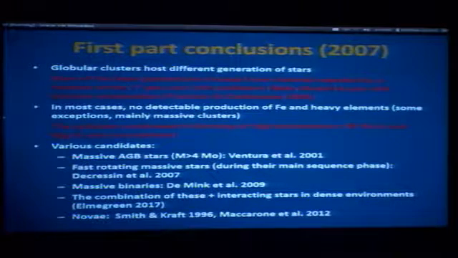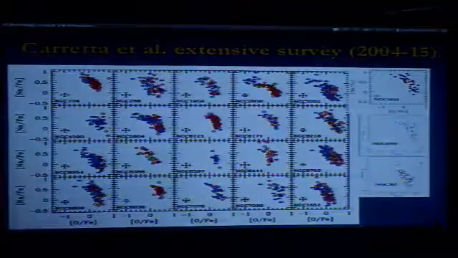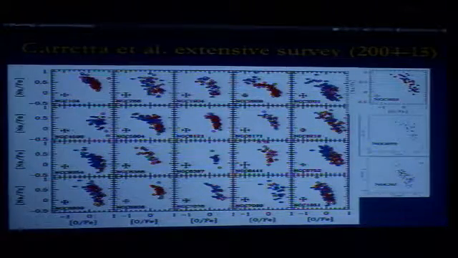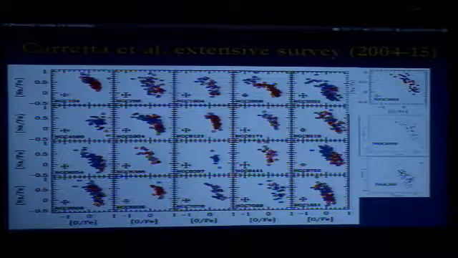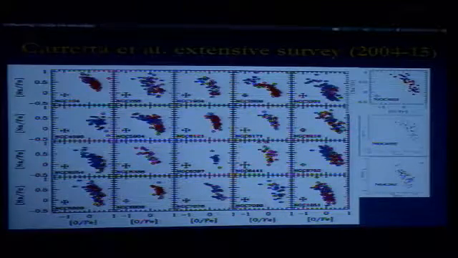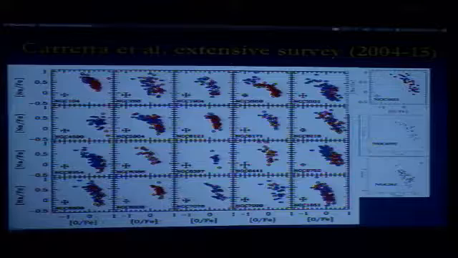There are a few exceptions. So we started a survey with Eugenio Carretta and Angela Bragaglia and Lucatello to observe a large number of clusters, trying to understand if this sodium anticorrelation is really widespread, how it changes from cluster to cluster, what their characteristics are.